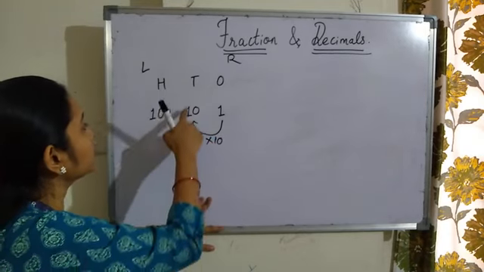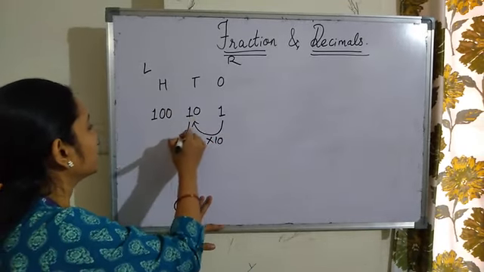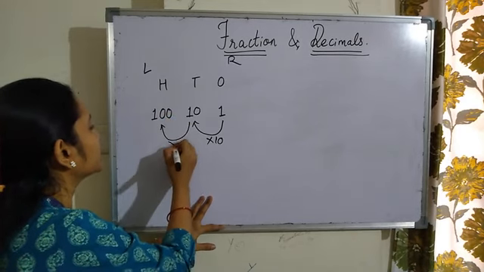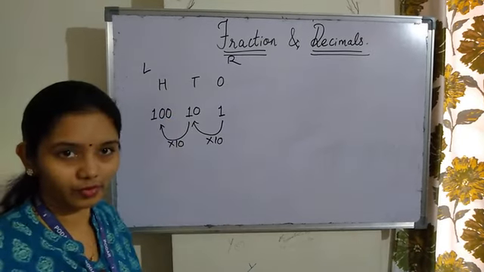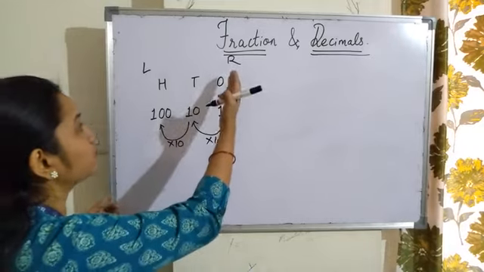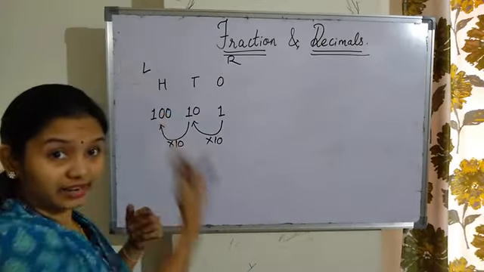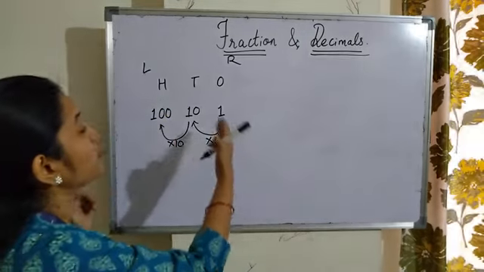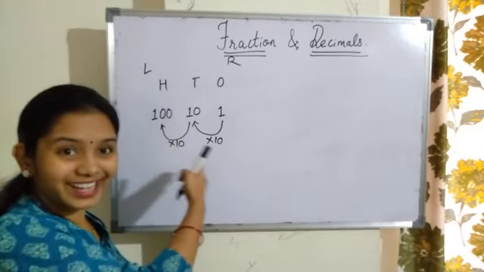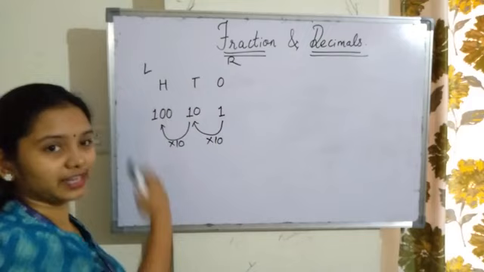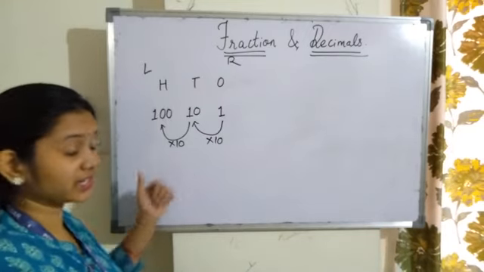Again, if I want to move from tens to hundreds, I have to multiply by 10. Means as I move from right to left, the place value becomes 10 times bigger at every step.